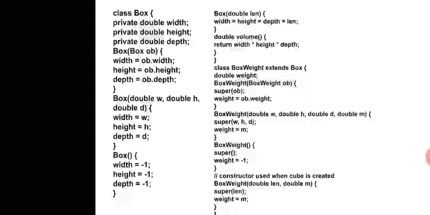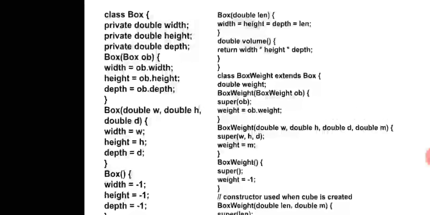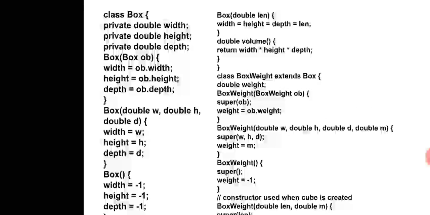With the reference ob, you are assigning ob.width to the width variable, ob.height to the height variable, ob.depth to the depth variable. So width, height and depth can be accessed only within class Box, not from outside, because these are private variables, isn't it?